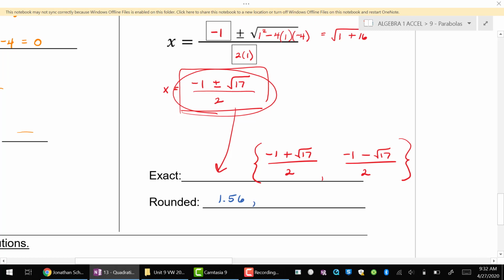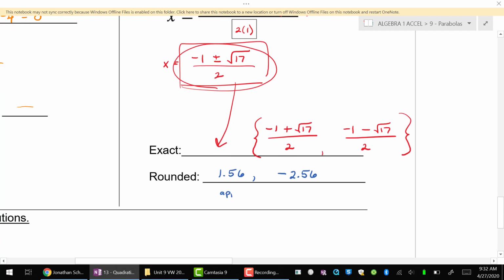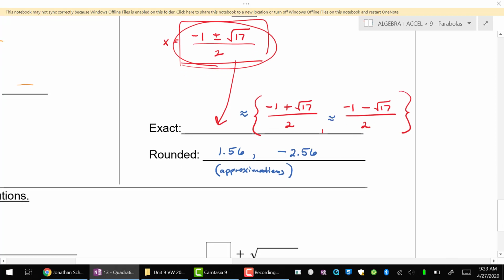And that solution ends up being negative 2.56. So I've rounded approximate values. These are approximations. So those decimal answers are just approximating these two solutions.